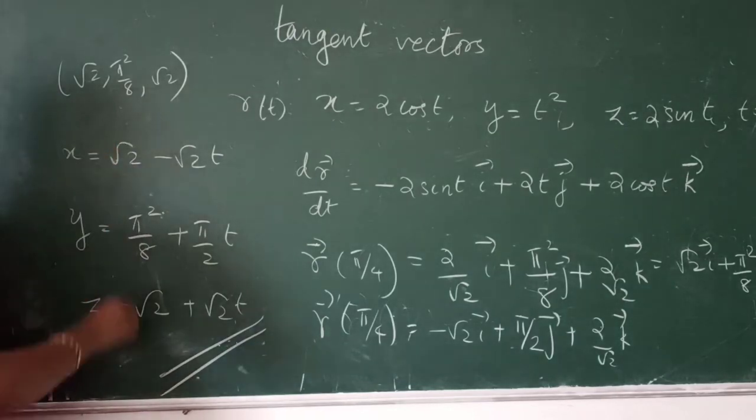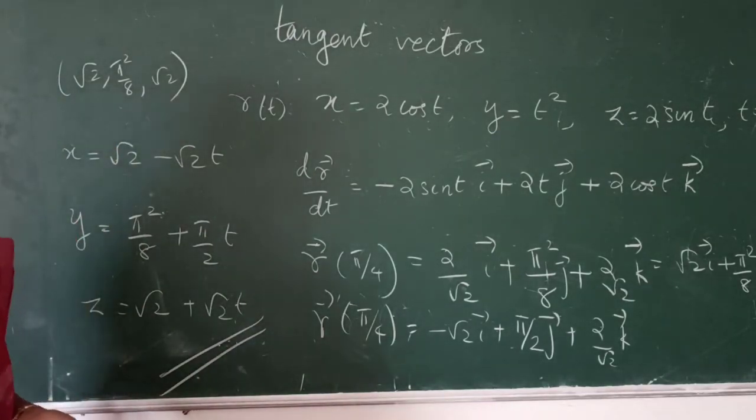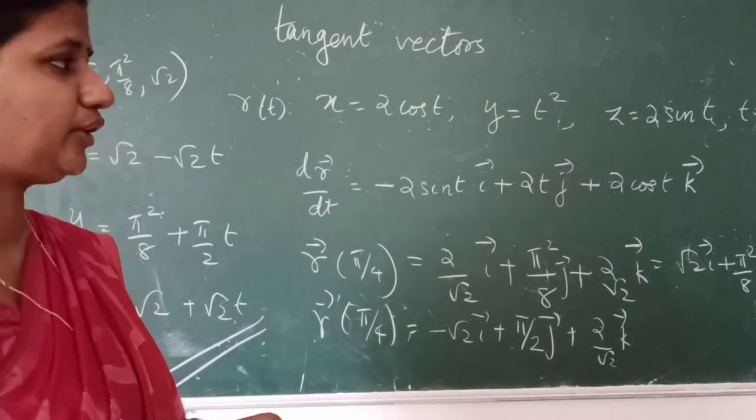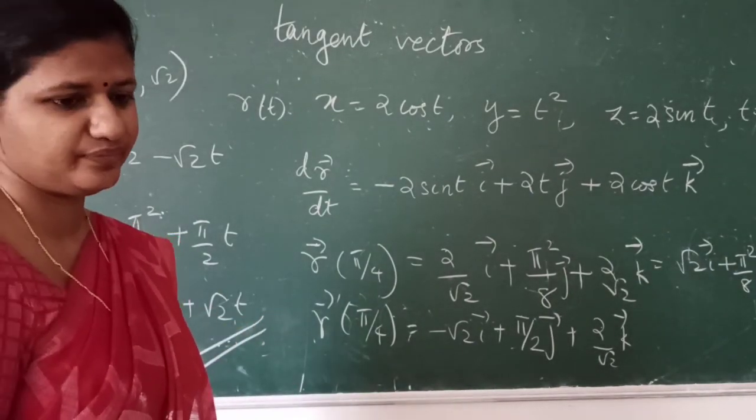So this is the parameterized equation of the given line passing through the point at t is equal to pi by 4 and parallel to the tangent. Thank you.